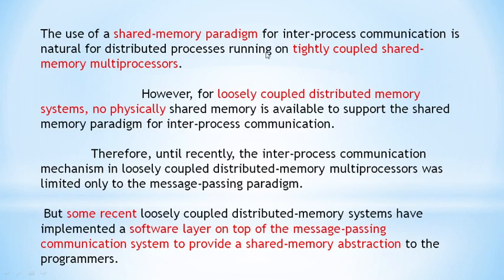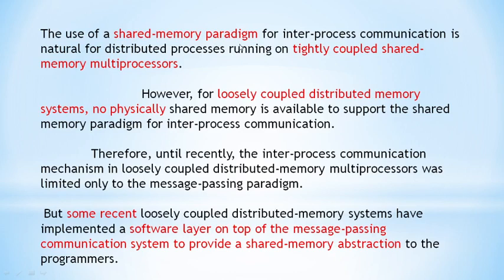The shared memory paradigm for a distributed process will run on tightly coupled shared memory multiprocessors. However, some loosely coupled distributed systems may run with no physical shared memory, but support for the shared memory paradigm is available. I am repeating this concept again.